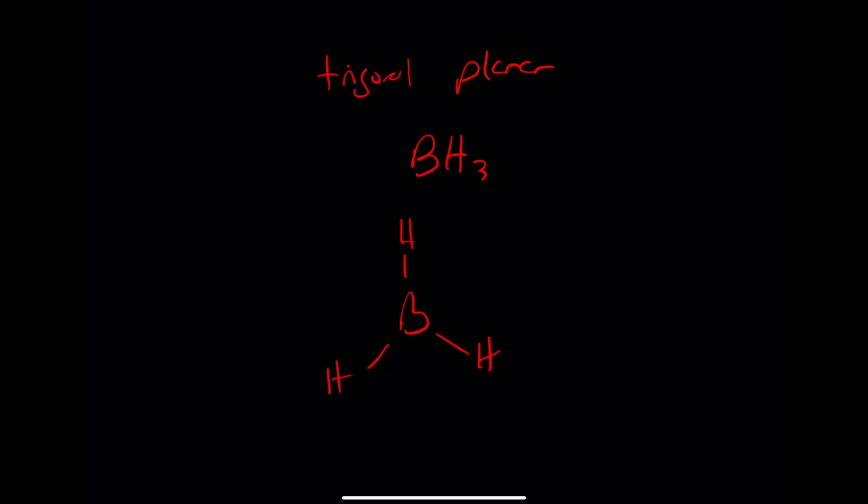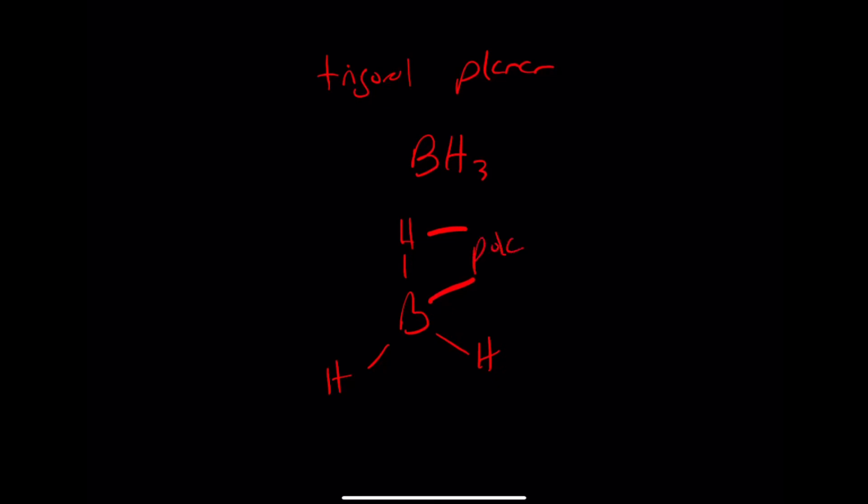So for the trigonal planar example, we might say BH3. So a Lewis structure for BH3 might look like this. Now we've got 3 polar bonds, so between an H and a boron, probably not going to have an electronegativity difference of 0.